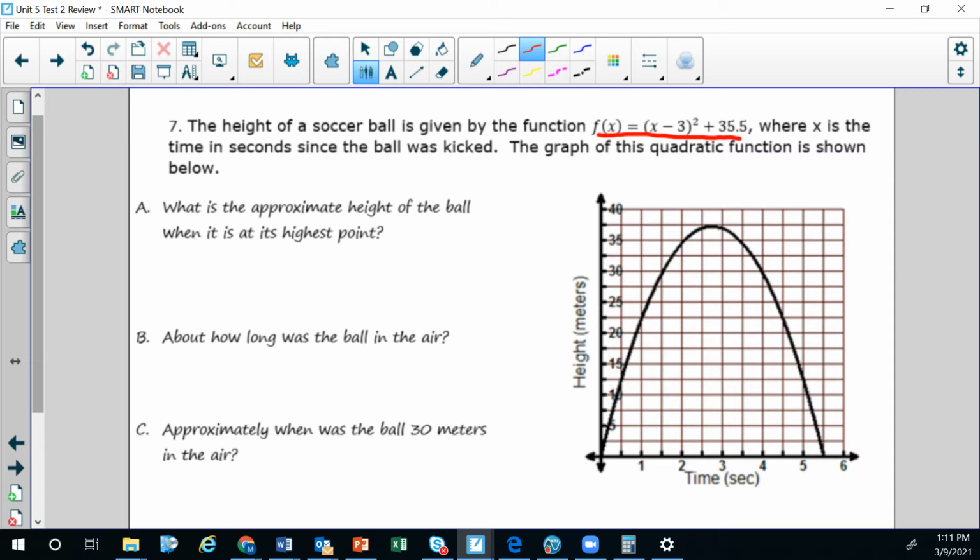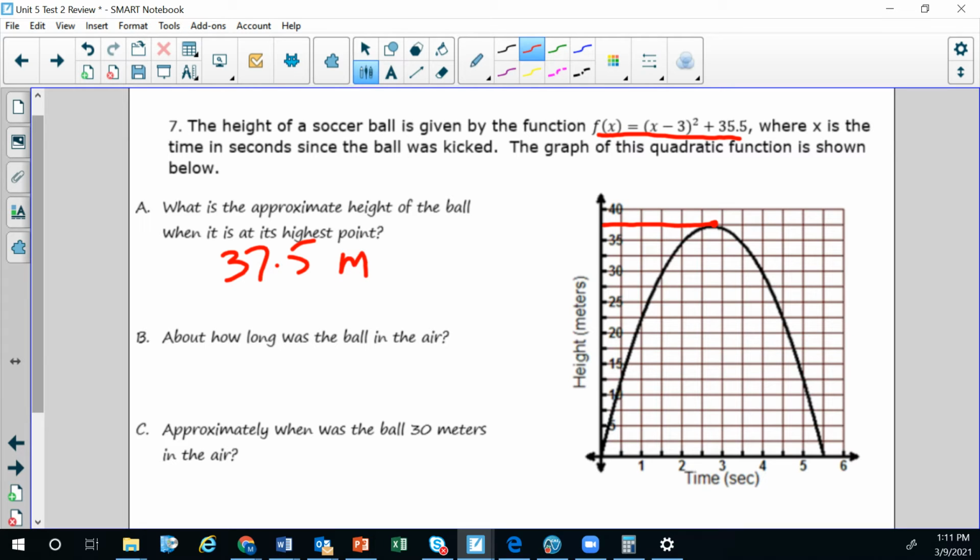Question A is, what is the approximate height of the ball when it is at its highest point? Okay, so the highest point is right here. If I come across, that is 37.5. So the height is 37.5, and what's the units?